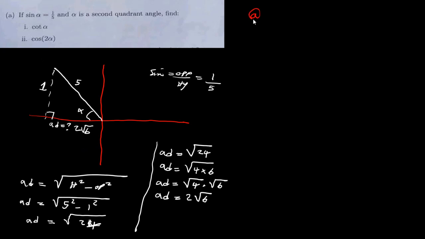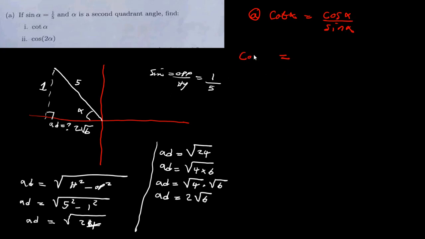Let me quickly look at the first one, which is cot alpha. We know that cot alpha is equal to cos alpha over sine alpha. For us to find the value, we need to find cos alpha.